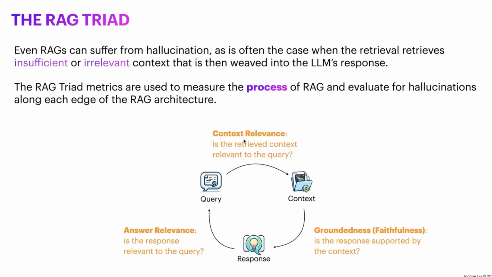So it's the measurement of the efficacy of this edge, this link between query and context. Faithfulness measures whether the response is supported by the context. So it measures this edge between the context and the response. And finally, answer relevance, as the name suggests, measures whether the response is relevant to the query. This is one system of measuring the hallucination of the RAG.